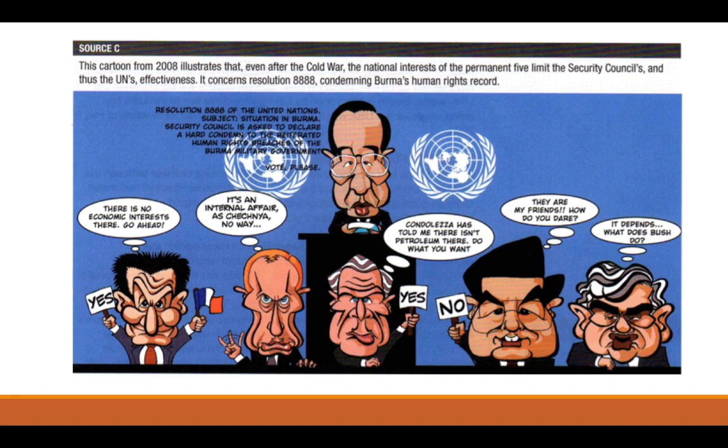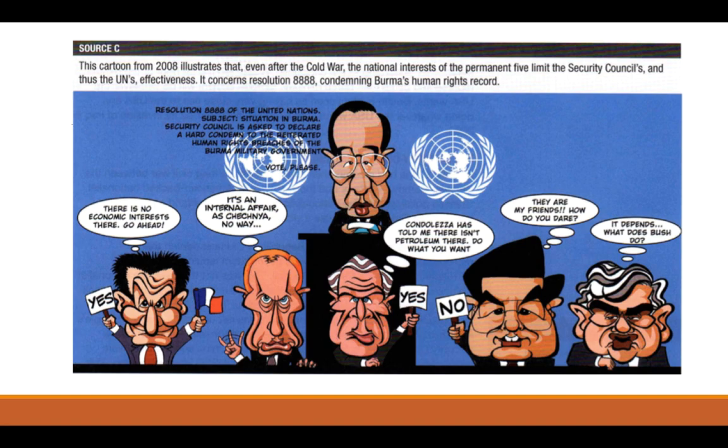If you look at it, the first person from the left is France. They say there's no economic interest there, go ahead. Because it is not against French interests, they are fine, so they vote yes. And who is the second person, saying it's an internal affair, like Chechnya?